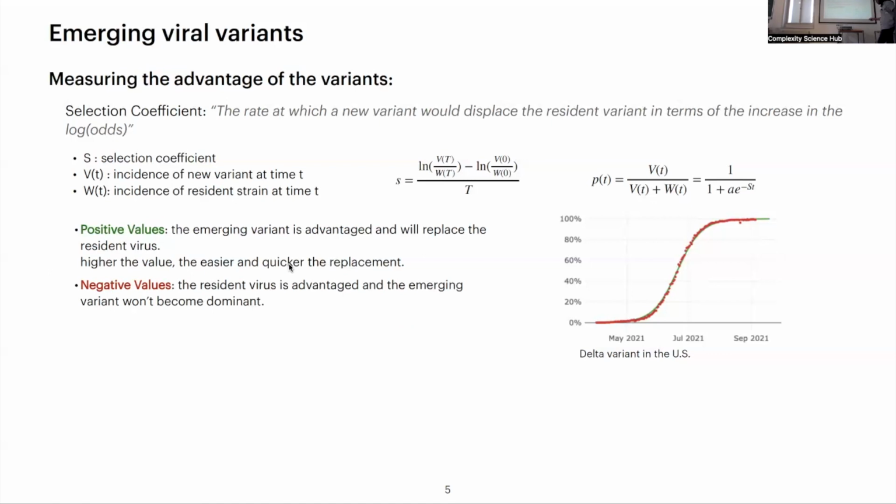You're not taking into account that they interact at all, because you're assuming that both of them are exponential. Okay, the question was that, as we assume that both growth rates are exponential, this means that we are not assuming that the two variants are interacting with each other.